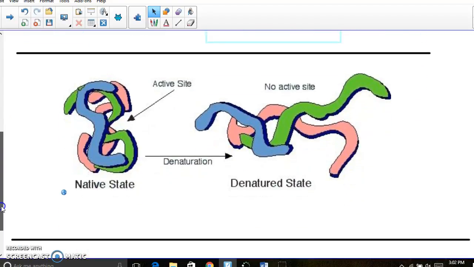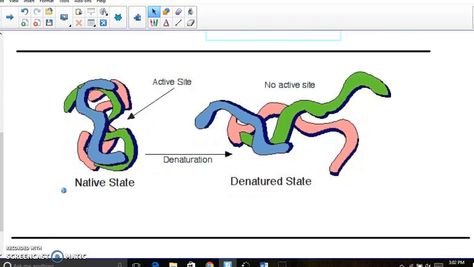Here's one more picture. In this picture, just to save time, I'm going to explain that proteins are made out of polypeptides. A true protein is more than one polypeptide. So we've got one polypeptide, a green polypeptide, a red polypeptide.